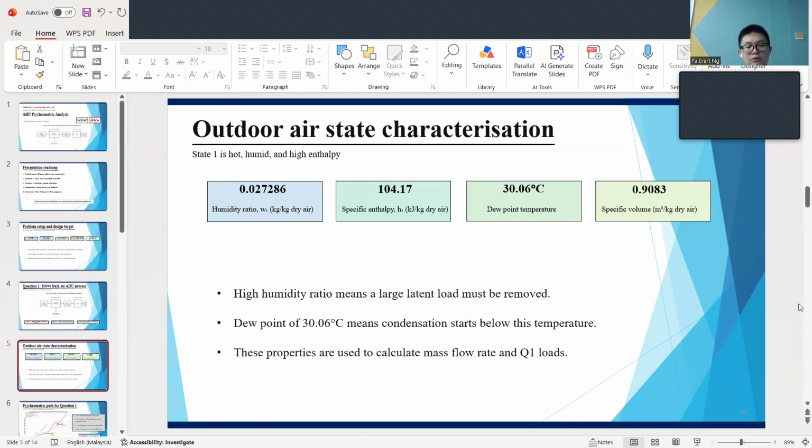It shows that the outdoor air contains a high amount of energy because it is both hot and humid. The dew point temperature is 30.06 Celsius. This is very important because condensation starts when the air is cooled below this temperature. The specific volume is 0.9083 meter cubed per kg dry air, and this value is used to calculate the dry air mass flow rate. From this, we can see that the outdoor air is a heavy cooling load for the AHU.